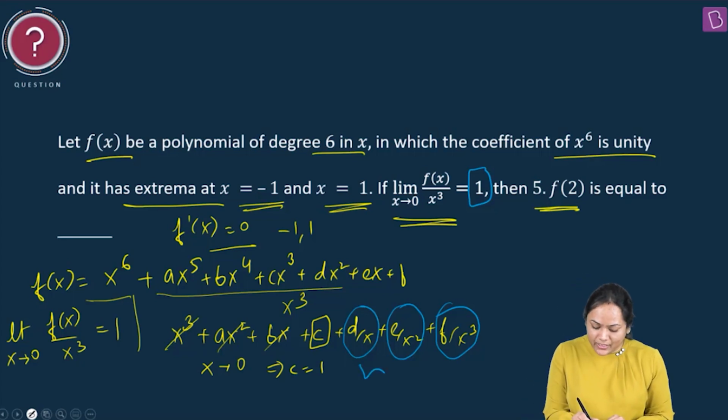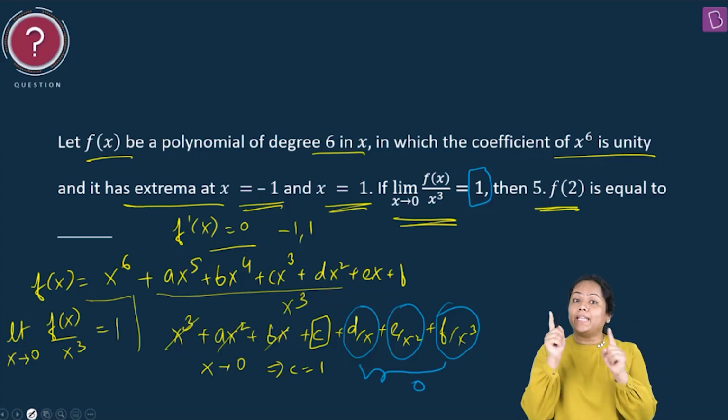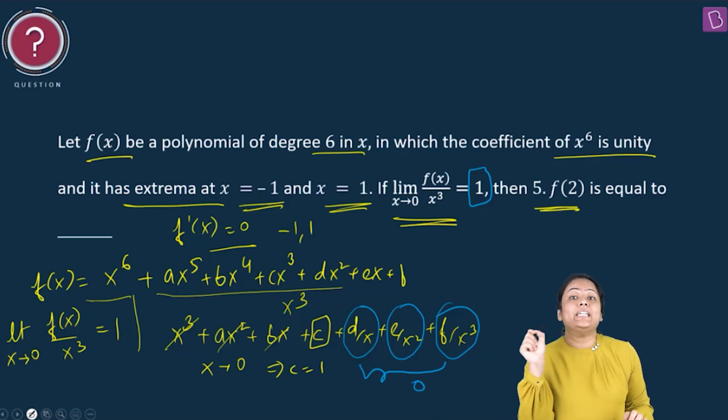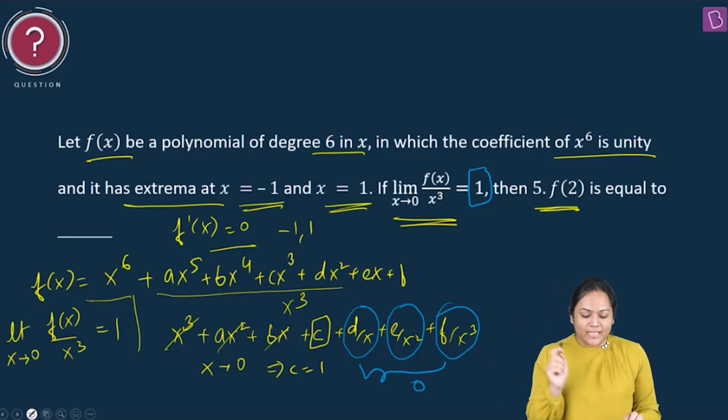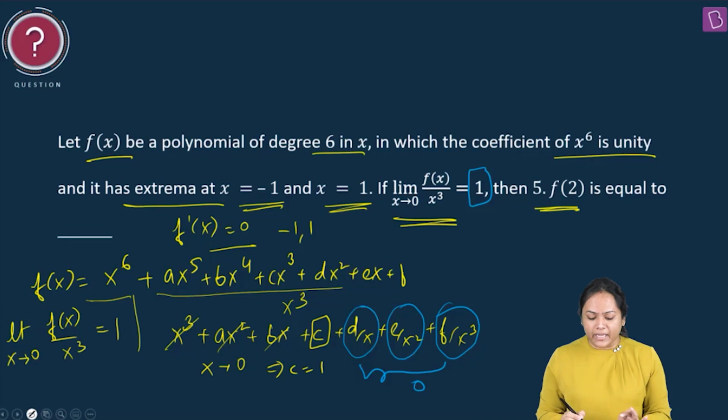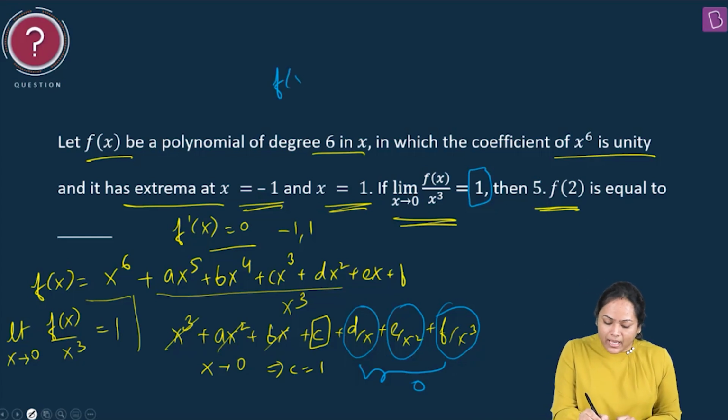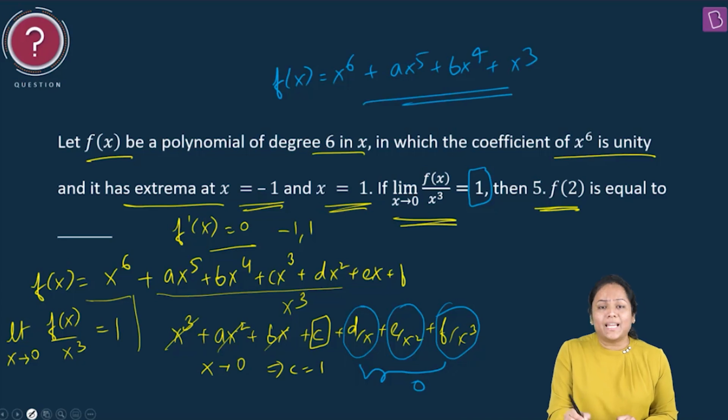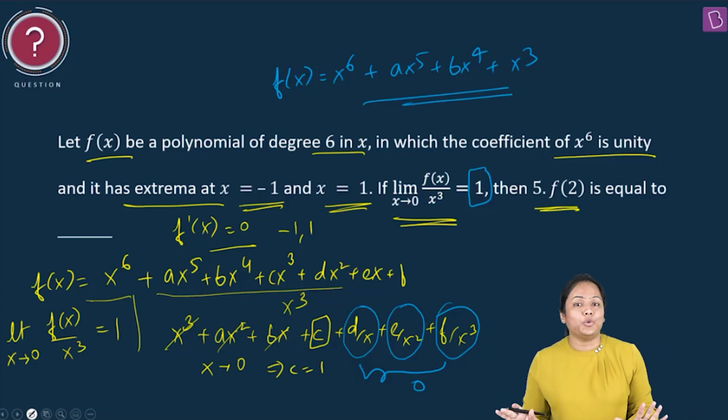That's correct. These 3 numbers should be 0. Then only you will get a finite limit. Clear? So my final f(x) can be written as x raised to 6 plus ax raised to 5 plus bx raised to 4 plus x cube. That's it. We cannot go beyond x cube. Is this part clear? Perfect.